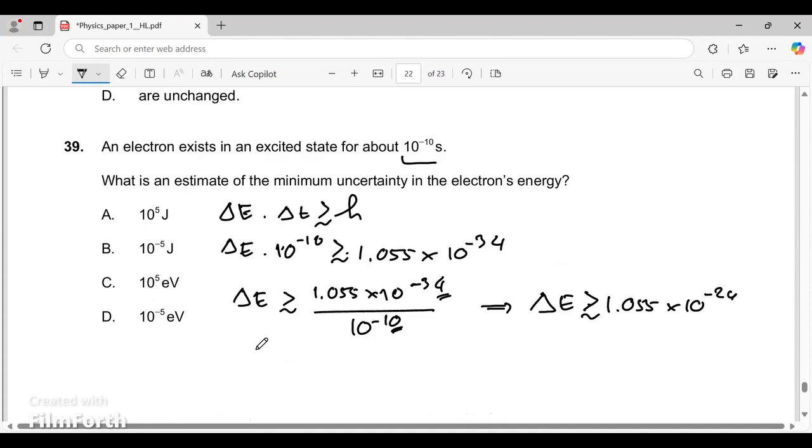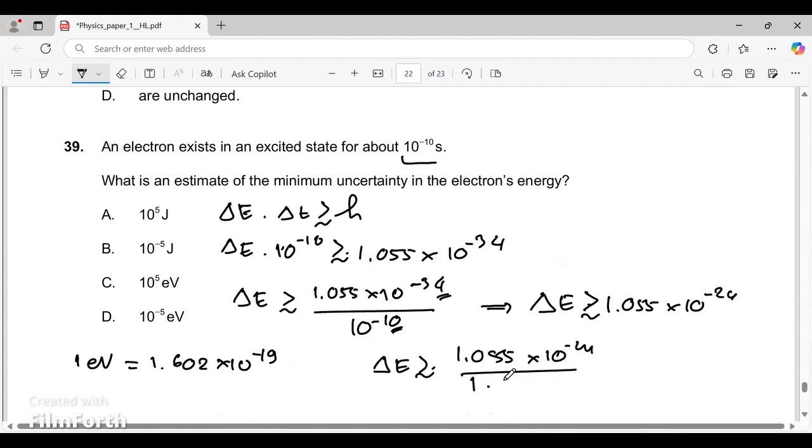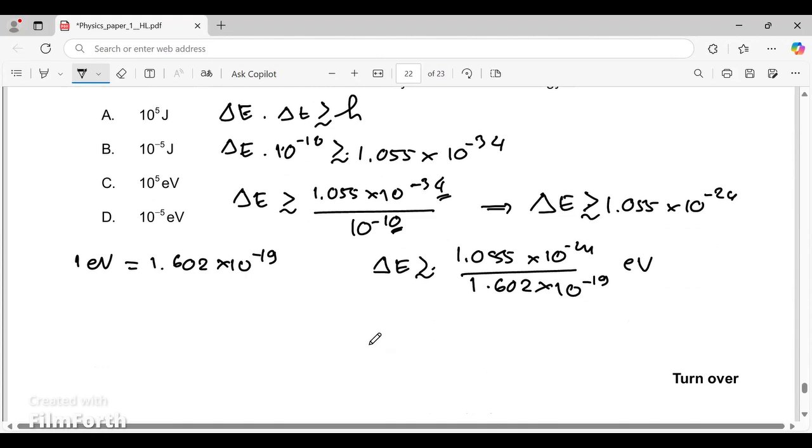So one electron volt equals 1.602 times 10 to the power minus 19 joules. So we can convert this number into electron volts: 1.055 times 10 to the power minus 24 over 1.602 times 10 to the power minus 19, in electron volts.